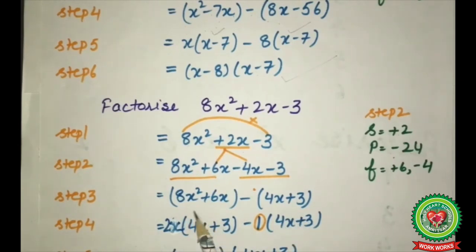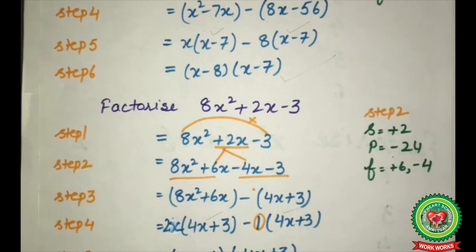In the first group 2x is common and in the second group nothing is common. So we are going to take 1 as a common factor because 1 is a common factor of all the numbers. So on taking out common, we get 2x(4x plus 3) minus 1(4x plus 3). And now both the brackets are the same.